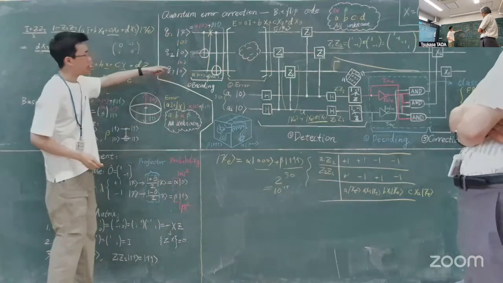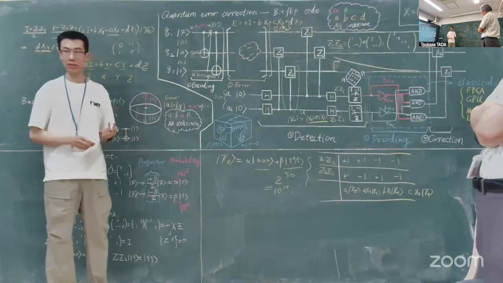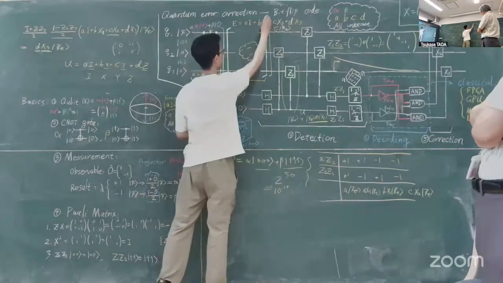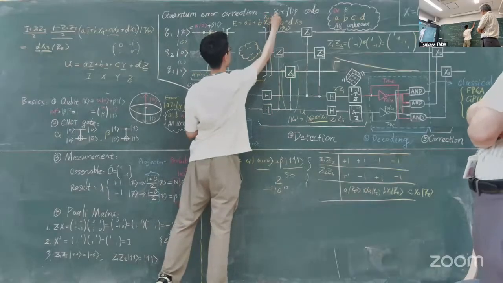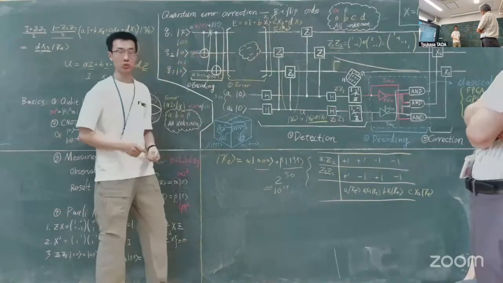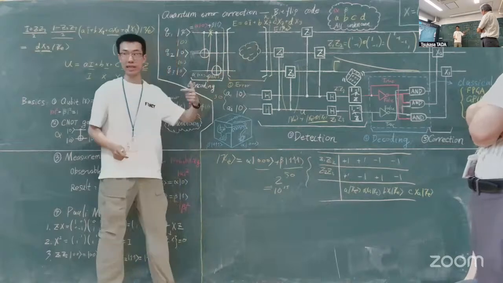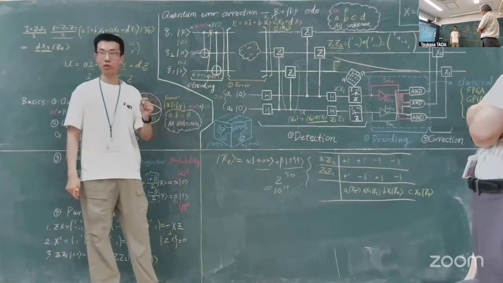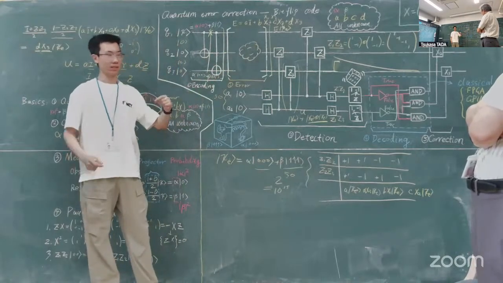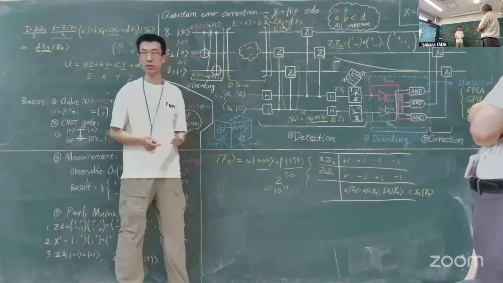For example, the 5 qubit code. If you have 5 qubits, maybe you can correct a 2 qubit error, so you can have errors like x1 x2. But you can imagine that the error rate of x1 x2 is certainly smaller than x1, because x1 is more local, and the noise has more probability to be single qubit noise.